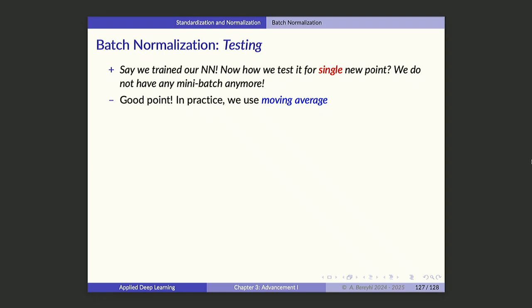Because if I have a new sample, say a new image, it goes inside the neural network, and in the first hidden layer I get a bunch of features. When I did the training, I waited for all the samples in the batch and then normalized with those samples. But now I don't have any more samples. This is just this single one. What should I use to do the normalization? Do you see the question? Do you see the problem?